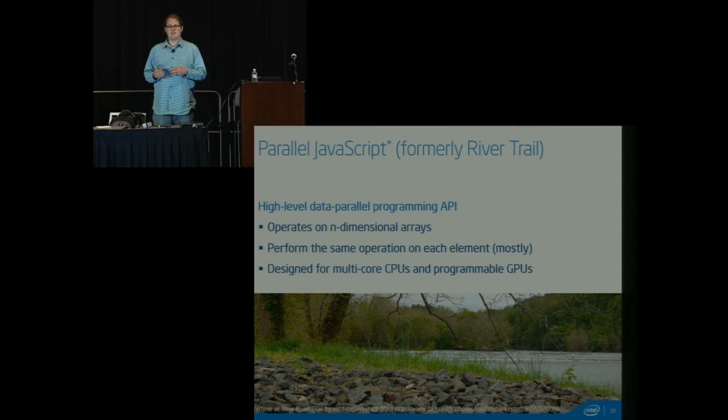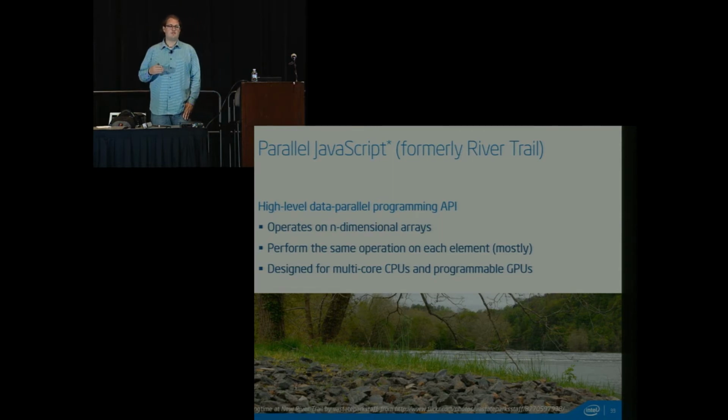We came up with parallel JavaScript, which was formerly known as RiverTrail. RiverTrail was the prototype we did, and parallel JavaScript is the actual implementation we're doing jointly with Mozilla in Firefox. Parallel JavaScript operates on n-dimensional arrays, so arrays of numbers or arrays of arrays of numbers, nested arrays essentially. It's still kind of a SIMD style idea, but a bit more general.